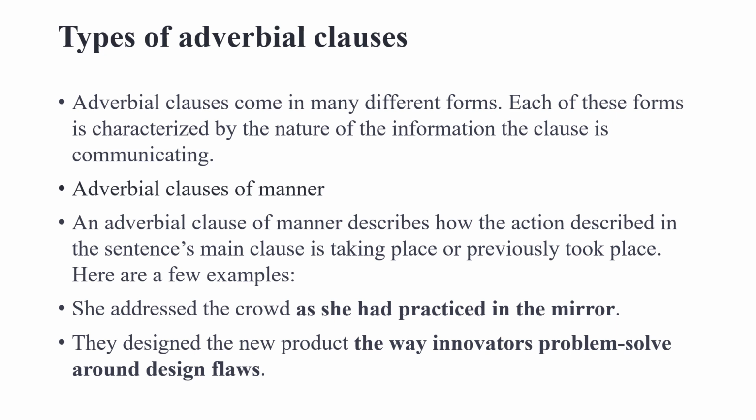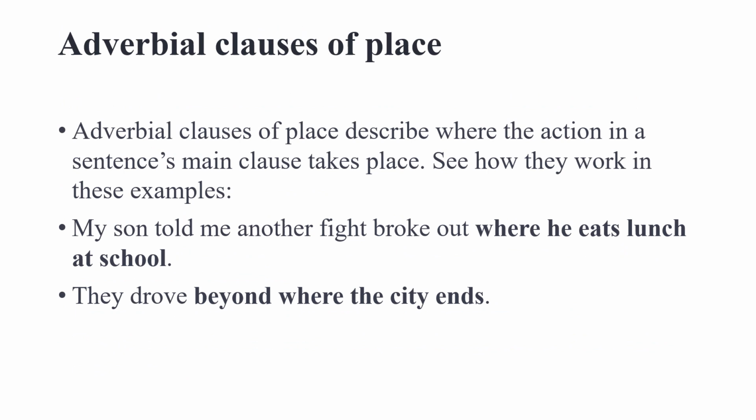They designed the new product the way innovators problem solve around design flaws. Again, it is telling you about the manner, how they designed the product. The way innovators problem solve around design flaws is an adverbial clause.